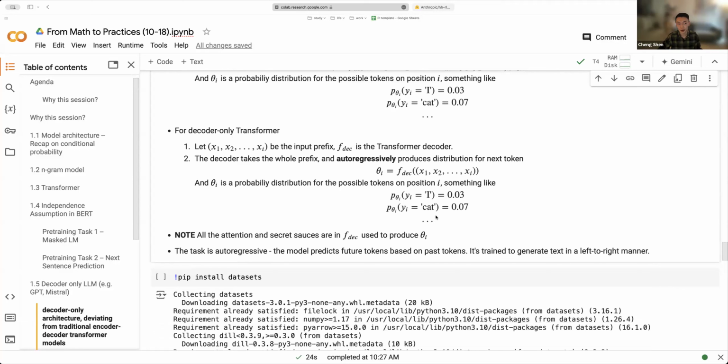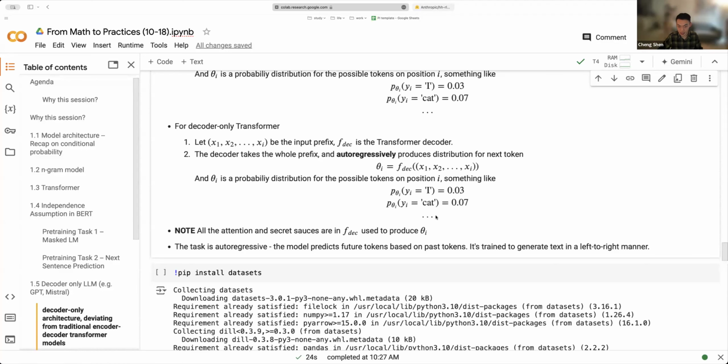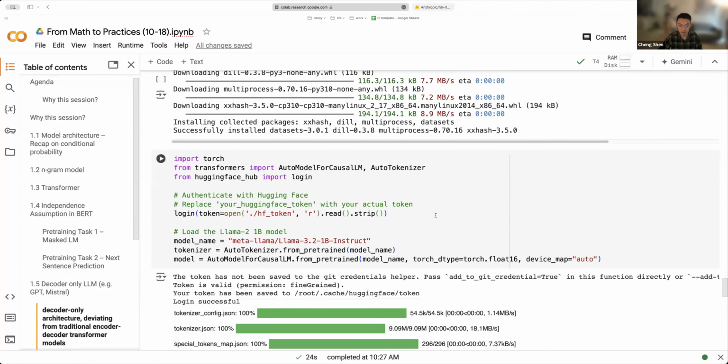What is shown from ChatGPT and large language models is that decoder-only models are good at generation, at producing the next tokens. But at the same time, when the model is large enough, apparently they are also good at extracting knowledge, or even more abstract knowledge, from the text they have seen.